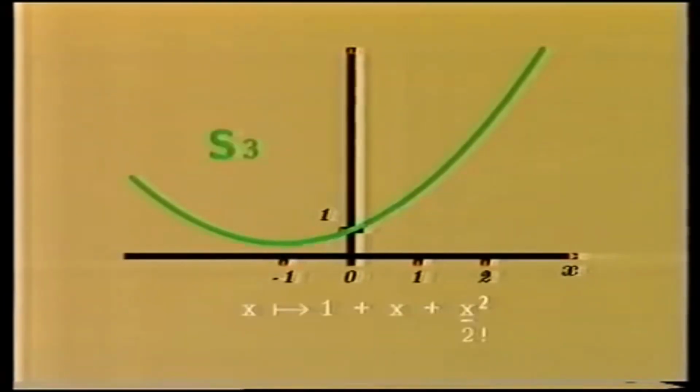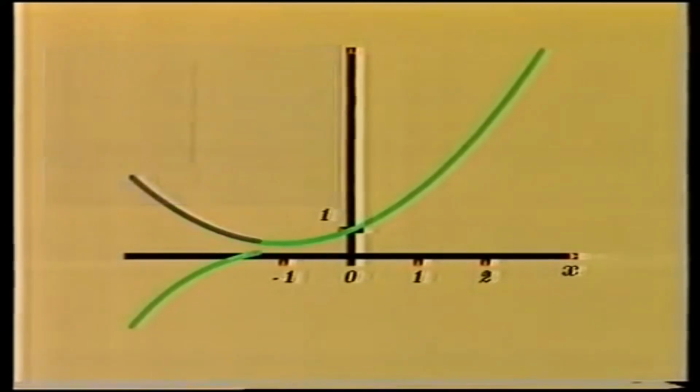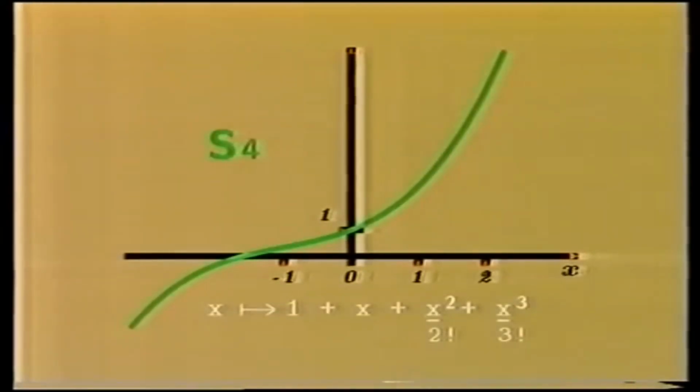So this is S3. Now for the next partial sum. You add in x maps to x cubed over 3 factorial. This makes the combined function steeper to the right, but to the left of the origin, these negative values will bring the graph down again. So this is S4.